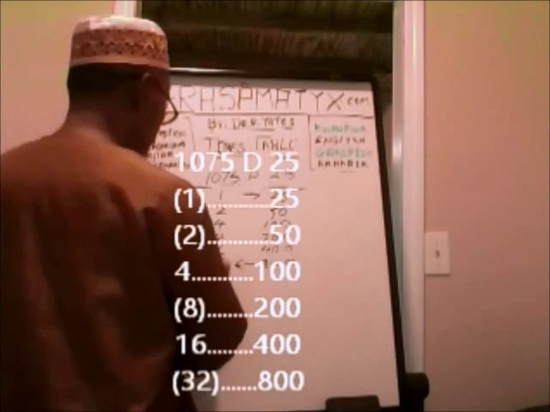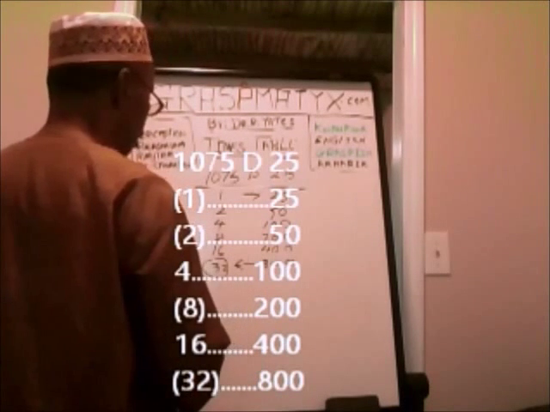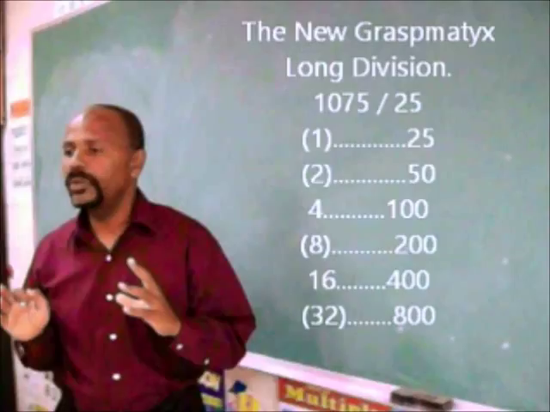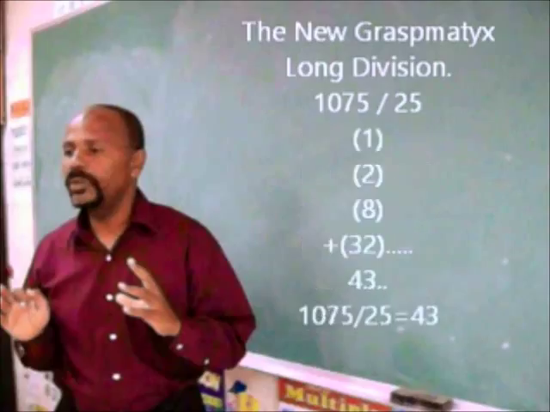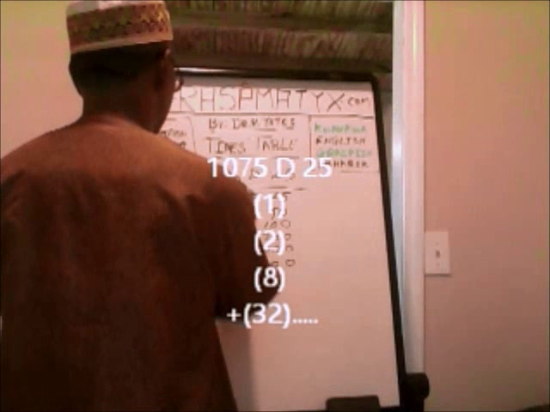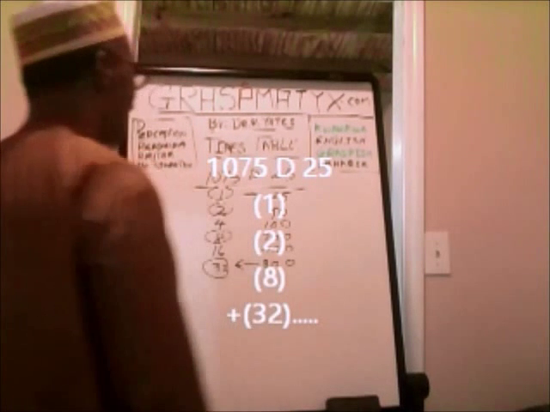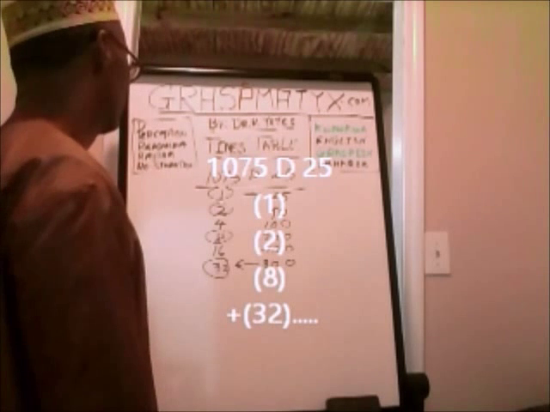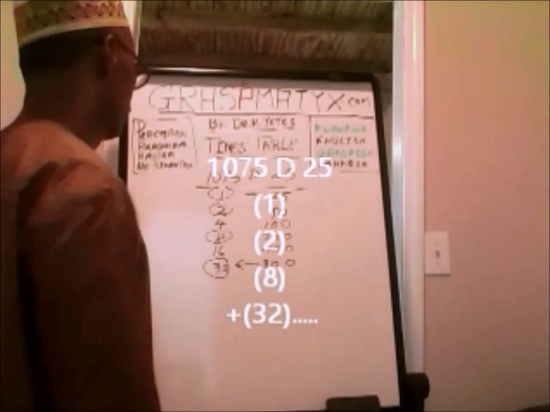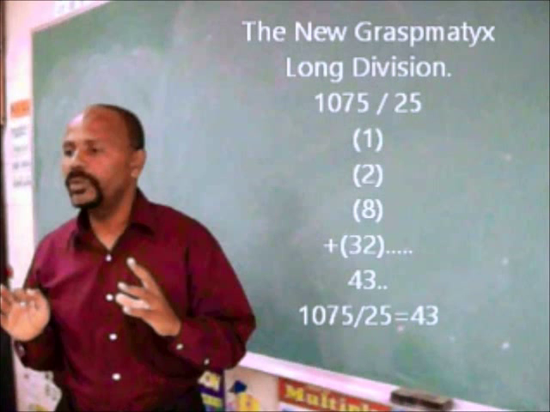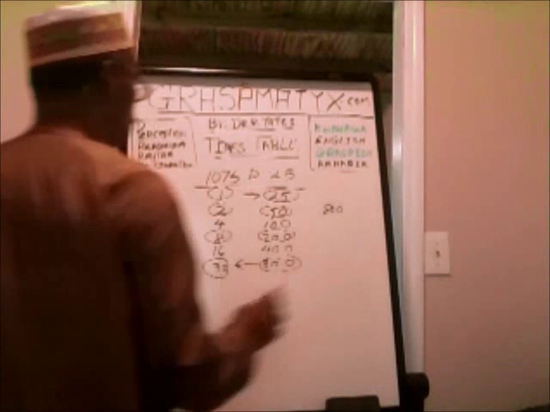So I'm going to add now this. And I have to add this. That's what I'll be adding to get my answer. Because now I'm going to add, now I'll show you.